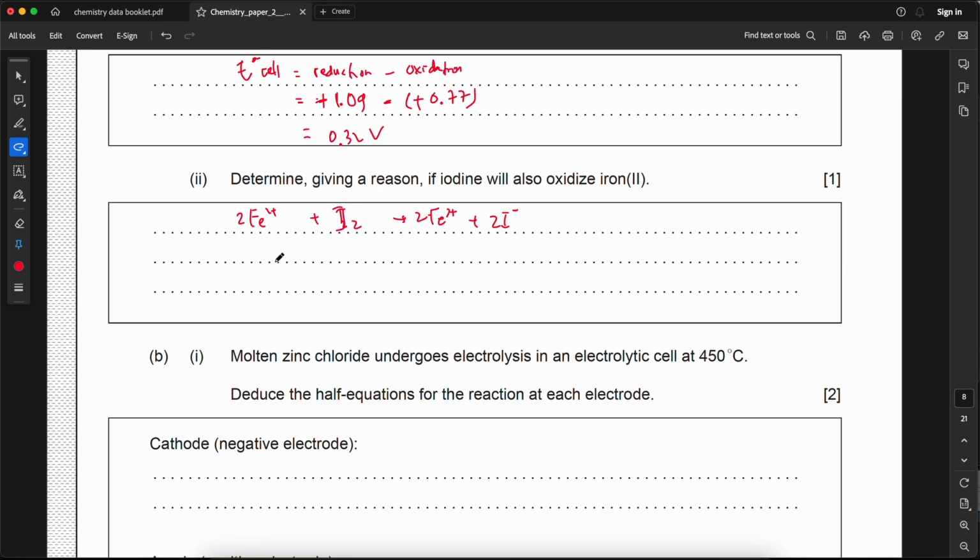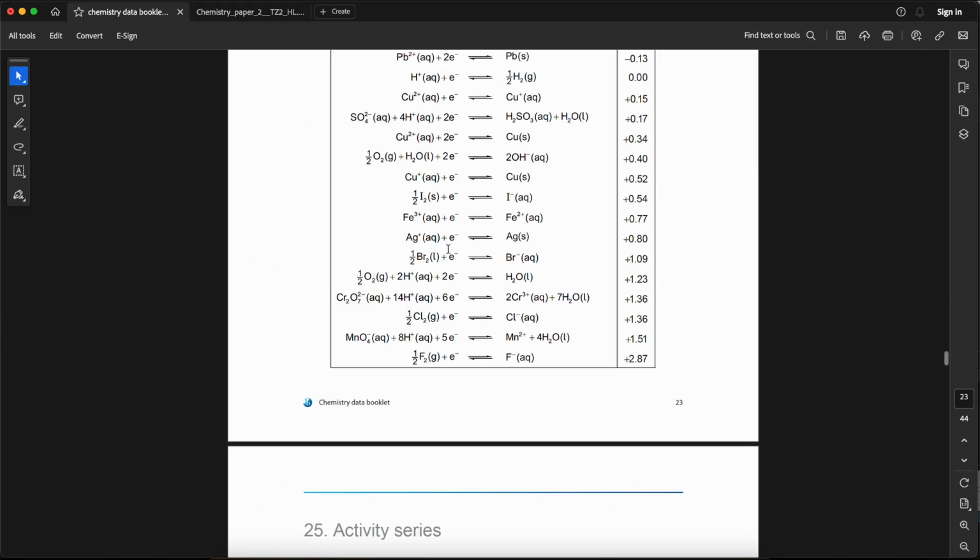Okay, so now we calculate E cell, which is again reduction minus oxidation. The oxidation will be the same, plus 0.77 because it's still Fe, but now it's I. So let's check for I, it is plus 0.54.